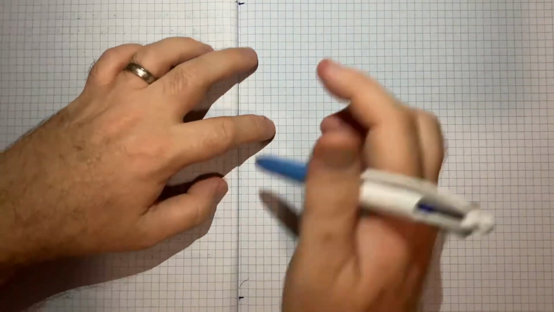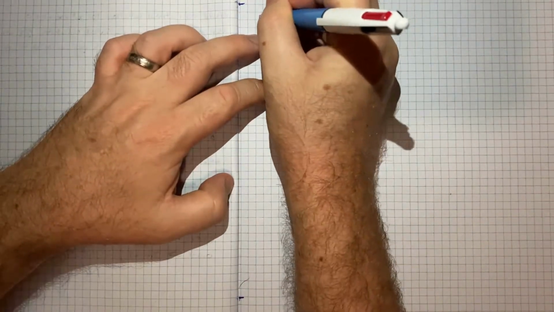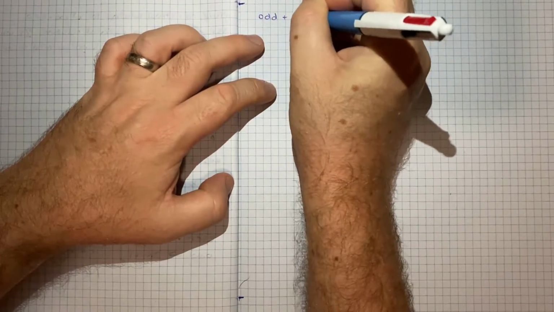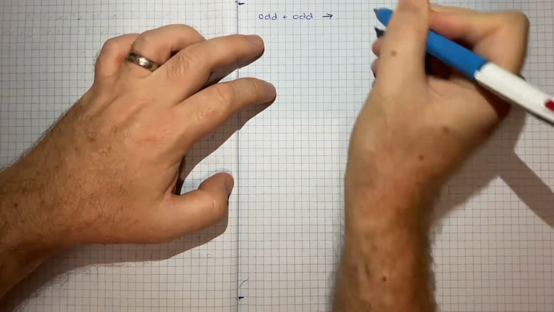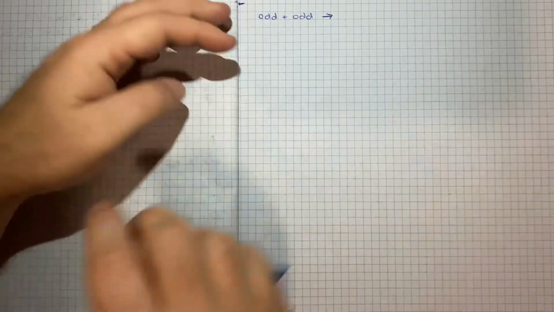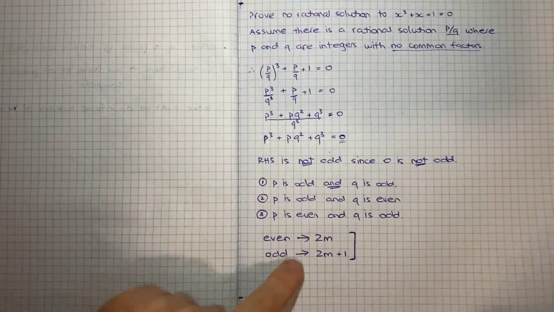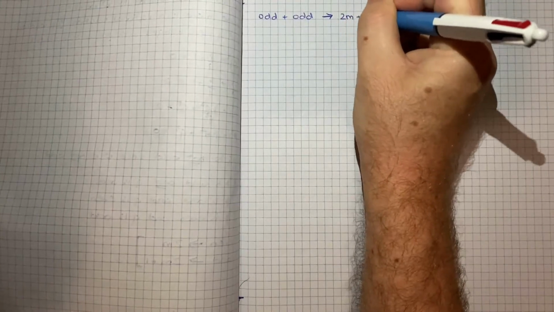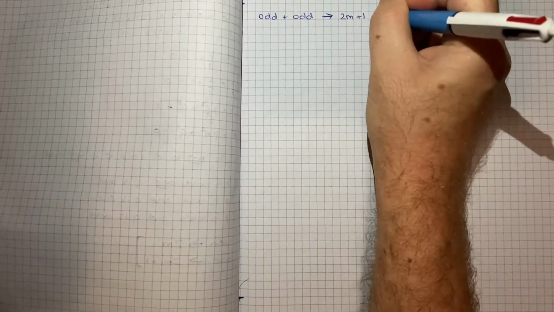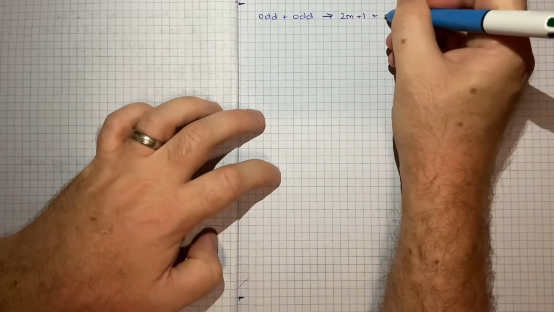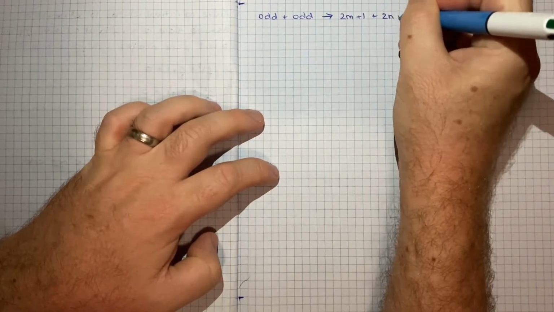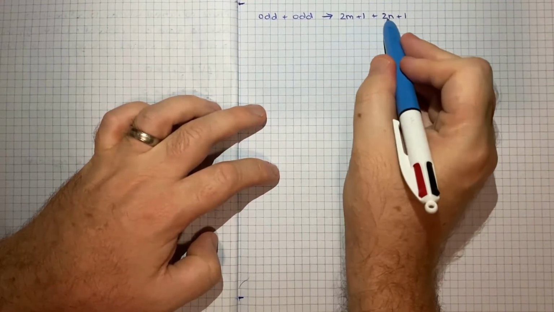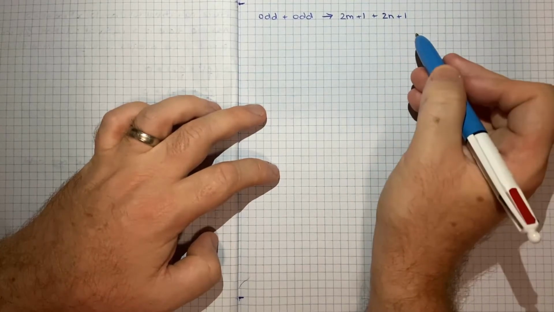Let's think about what happens when you get an odd number plus an odd number. What do you get? In that case, if we go to our basic format of an odd number, we'd have something in the form 2m plus 1 plus, and I might use a different integer, let's say 2n plus 1. That's what the sum of two odd numbers would look like.